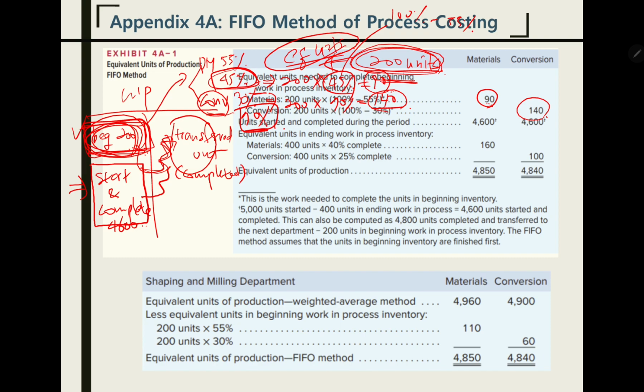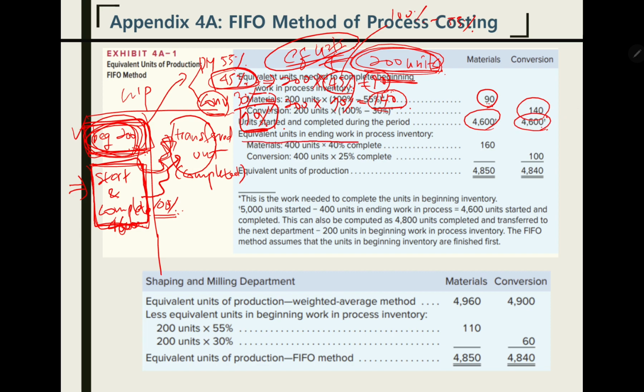So they are also completed and transferred out. Because these 4,600 units have 100% of efforts put into this process fully in this period, we have to account for 4,600 as a whole, both for the direct material and the conversion cost.